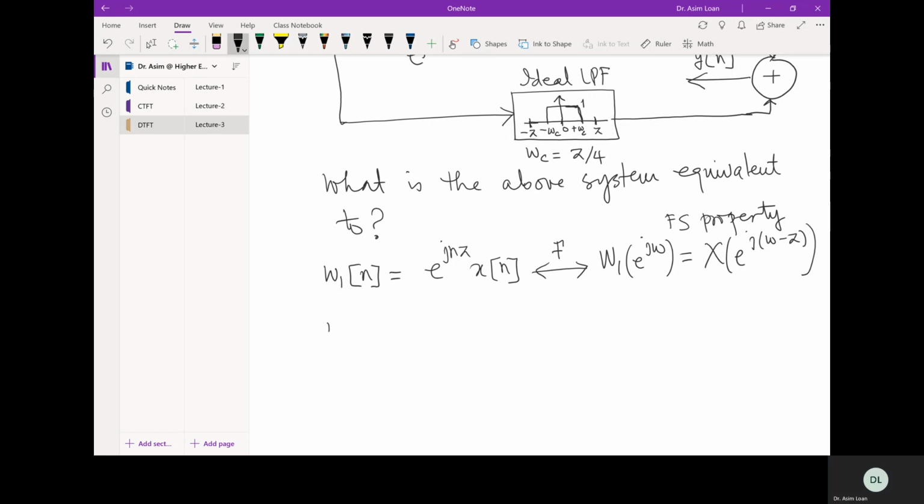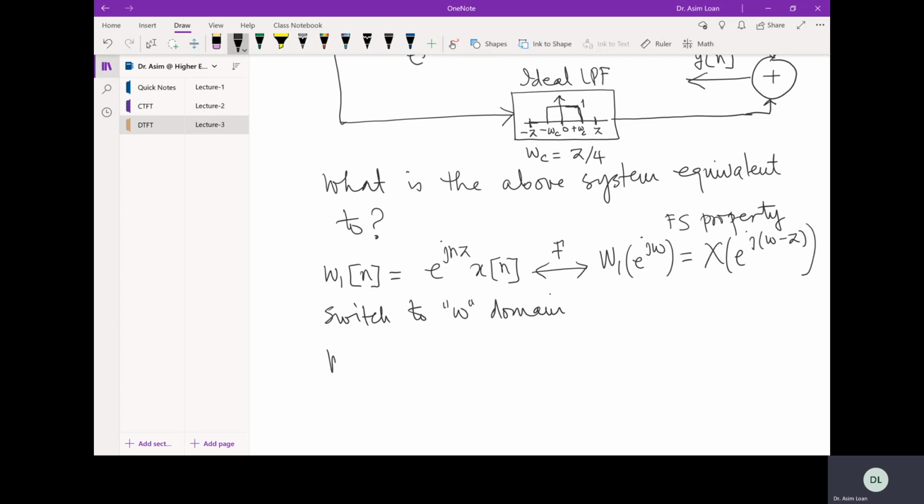W2 of n, or maybe I switch to the frequency domain now. So switch to the omega domain.